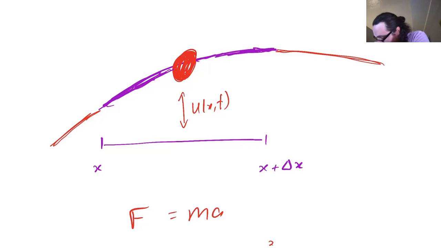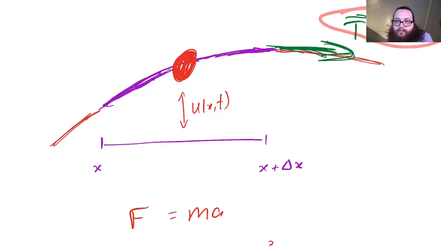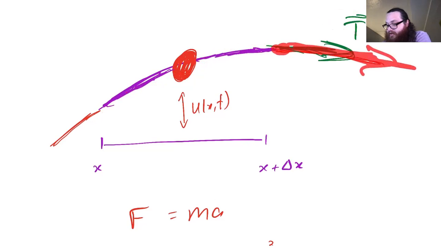What does that force look like? I'm going to draw it sort of like this tangent vector, this arrow, and I'm going to call that T, the tension at the point x plus delta x comma t. So this is a vector quantity, and it's telling us the force felt by this segment of string at this point. It's exactly the tension exerted by the rest of the string over here.